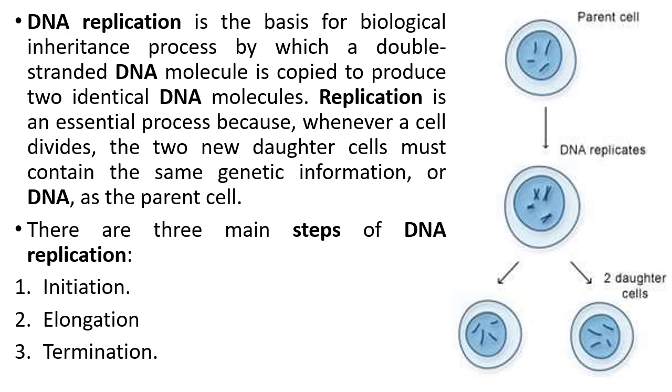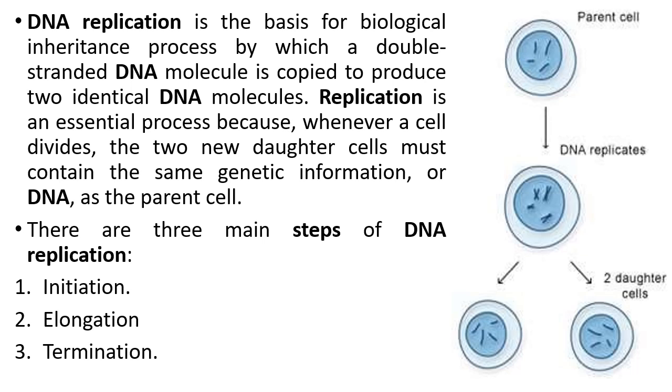During cell division, each daughter cell gets an exact copy of the genetic information of the mother cell. This process of copying the DNA is known as DNA replication. So DNA replication is the basis of biological inheritance, a process by which a double-stranded DNA molecule is copied to produce two identical DNA molecules.